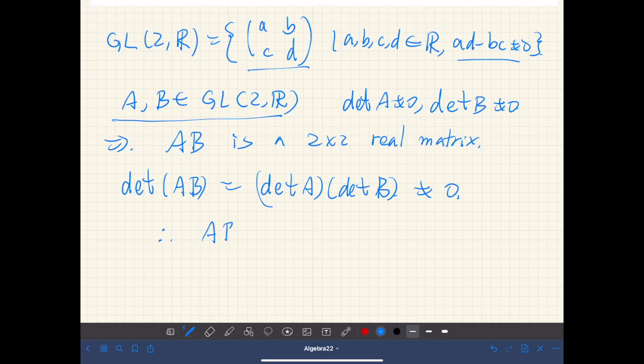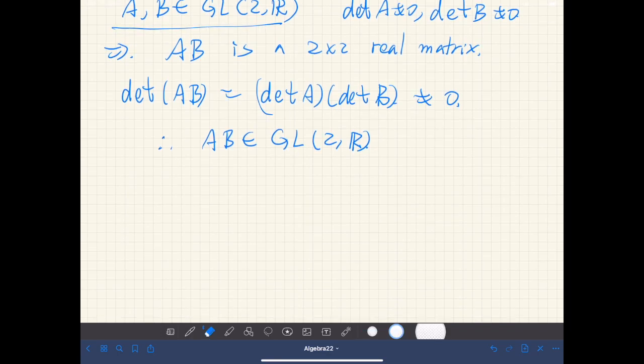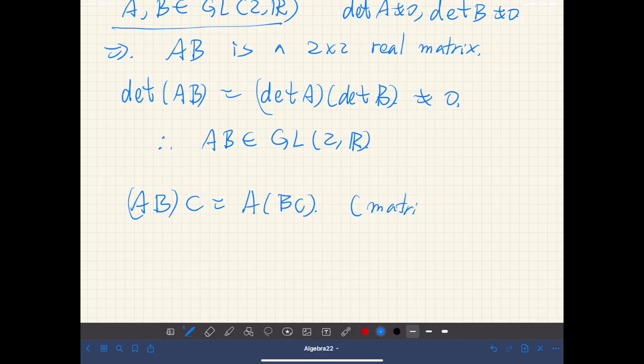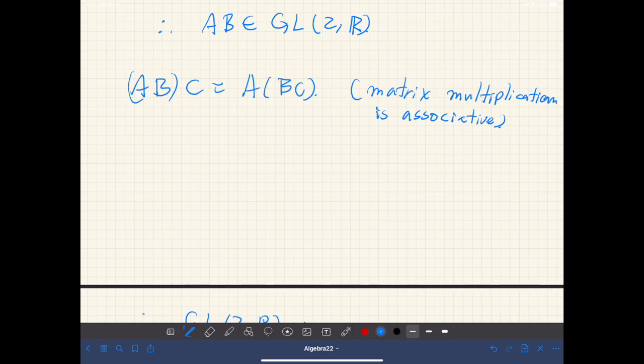Therefore, AB belongs to this set. So the closure condition is satisfied. And associativity is true because matrix multiplication is associative. So associativity is okay.